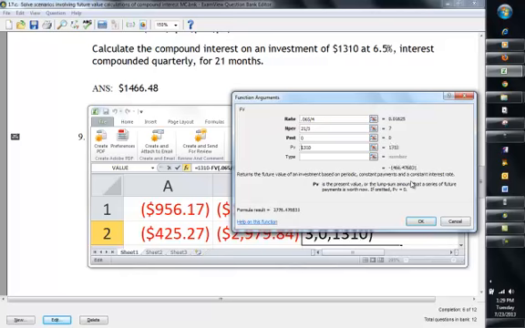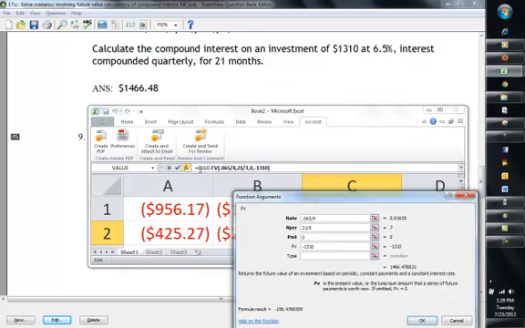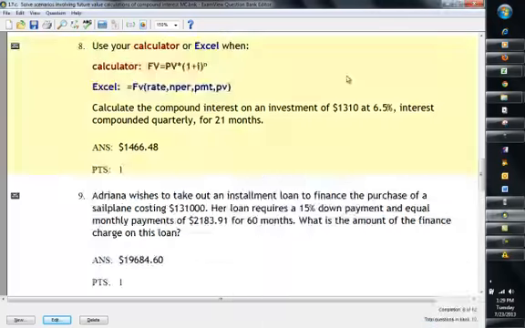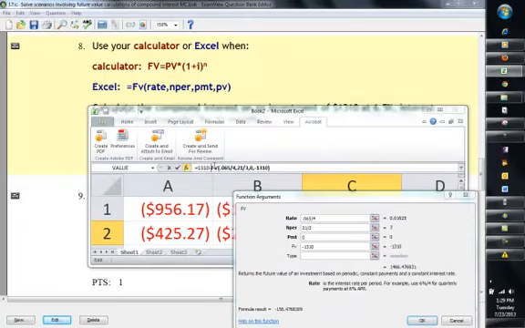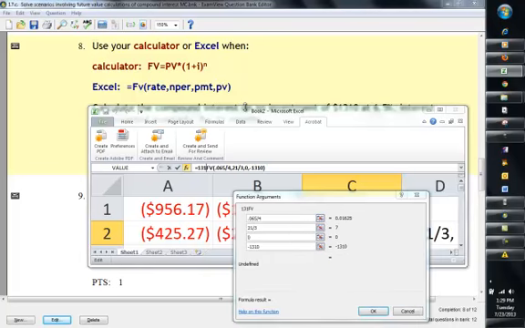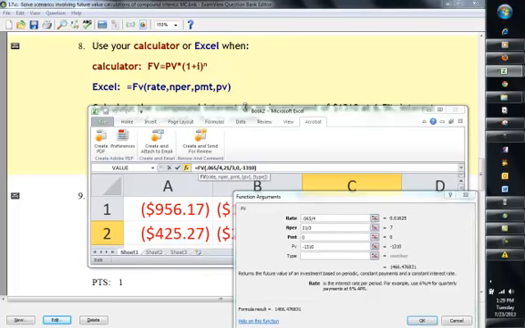$1,310. Now we have to go negative this time, and the reason for that is we need our answer here to be positive, because if you remember, we took 1,300 and we're going to, I did this backwards, I should take our future value and subtract the 1,310.